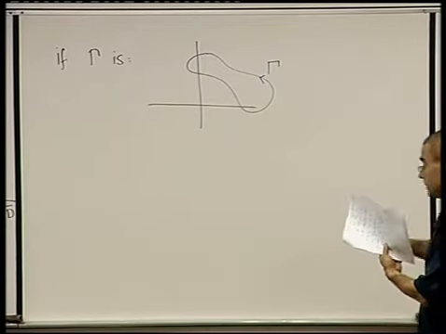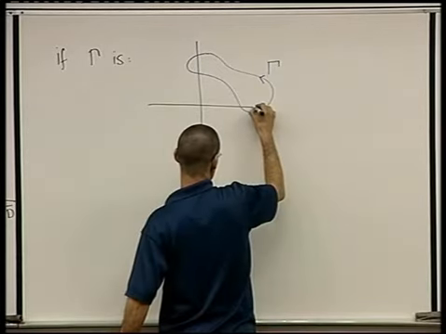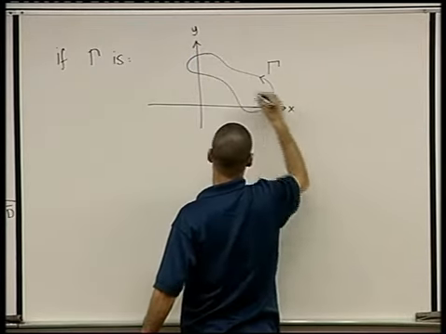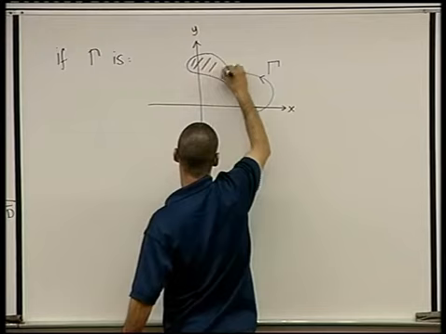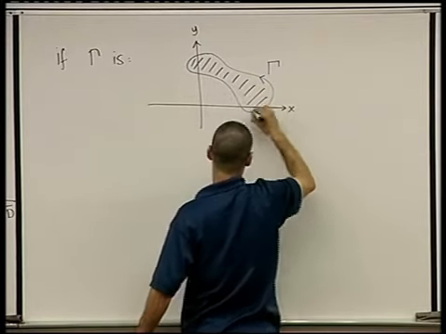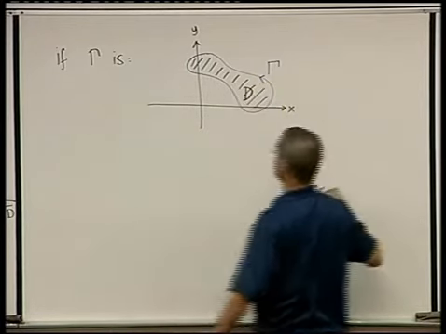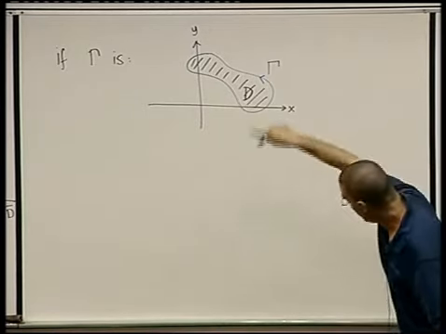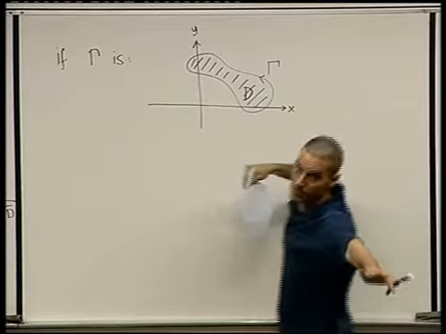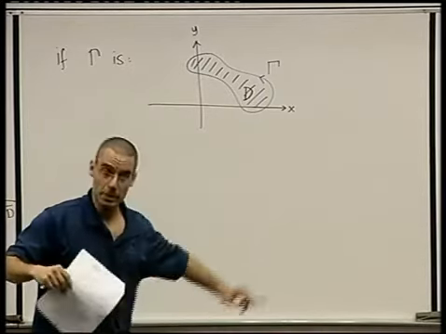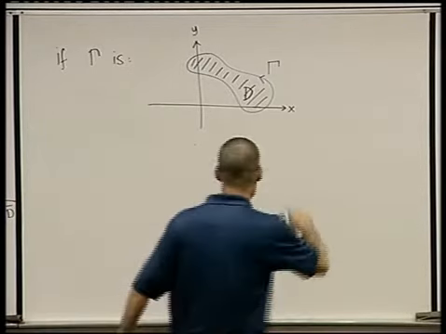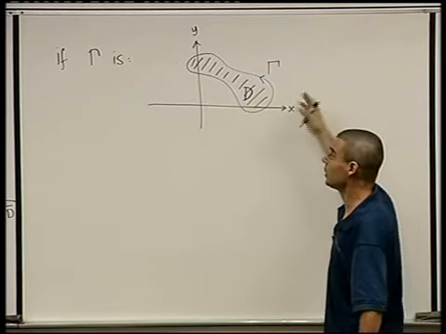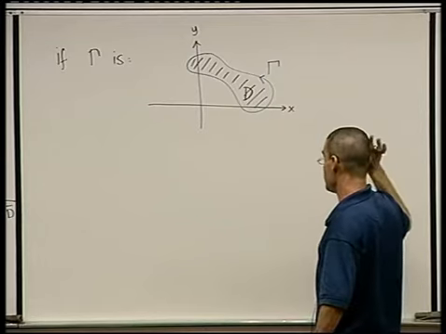If this is gamma, then I can call this D. This is going to be D. Gamma is smooth, positively oriented with respect to D. Everybody understand why I'm dancing here? Okay, positively oriented with respect to D. Piecewise smooth, simple, closed, planar, everything's good.